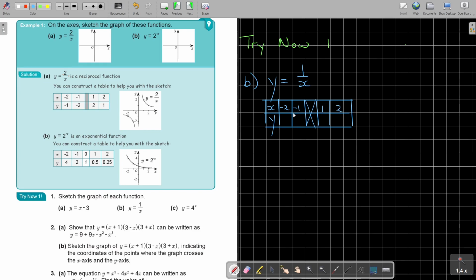So it's 1 divided by -2, and that's -0.5. And then 1 divided by -1, and that's -1. And then 1 divided by 1, it's 1. And then 1 divided by 2, it's 0.5. And again, I'm going to make my axis.